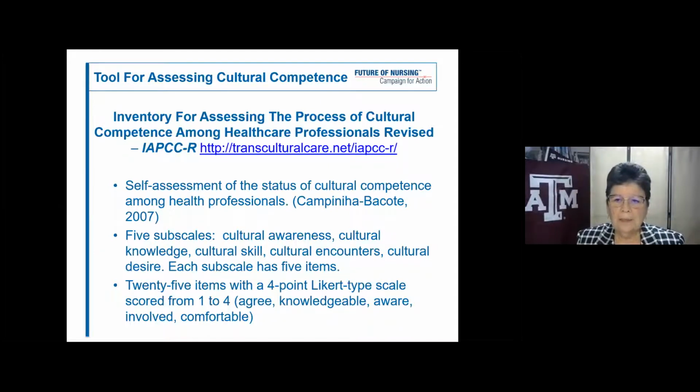And the subscales, the 5 items, are scored on a 4-point Likert-type scale that ranges from 1 to 4, where they're measuring whether the participant agrees, they're knowledgeable, they're aware, they're involved, and how comfortable they are with cultural competence.